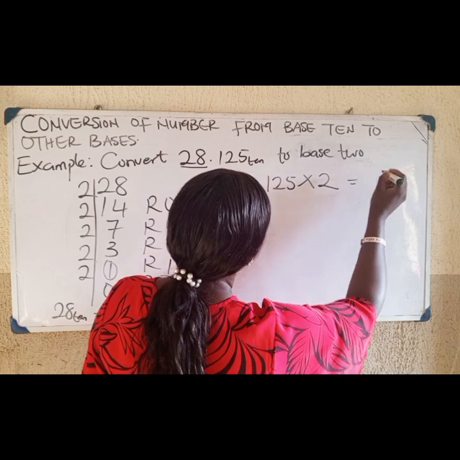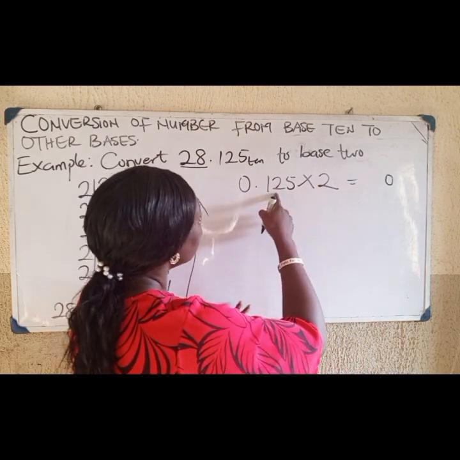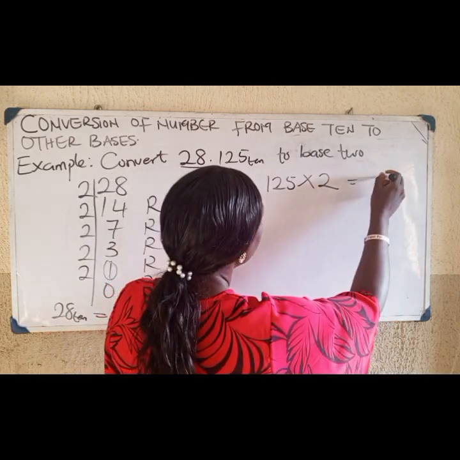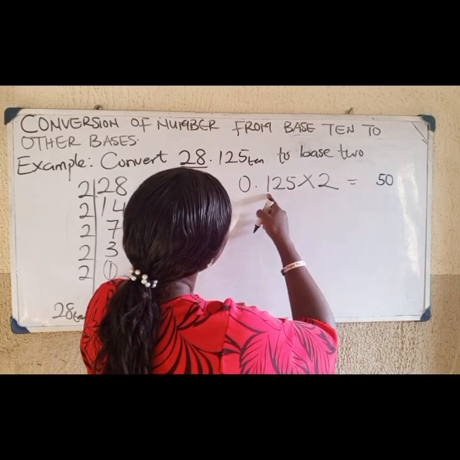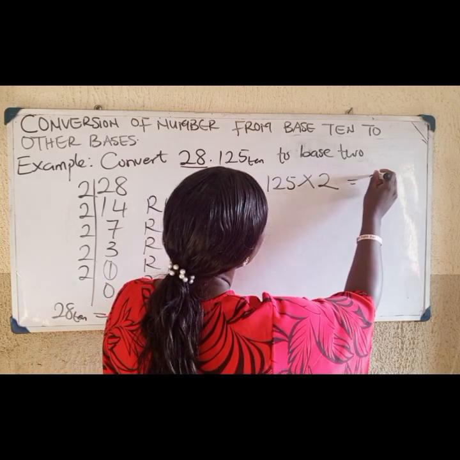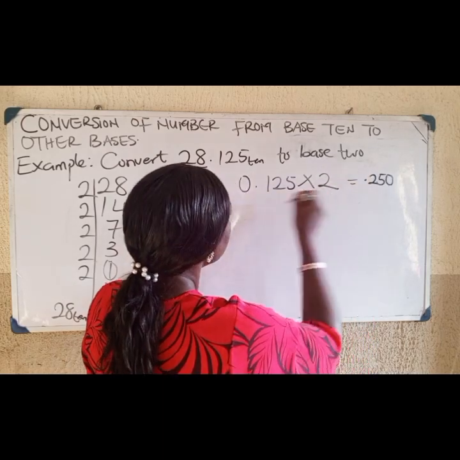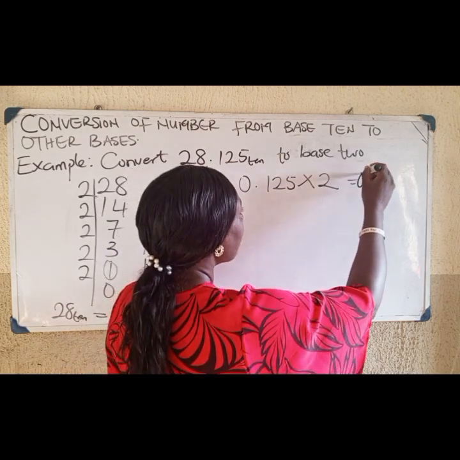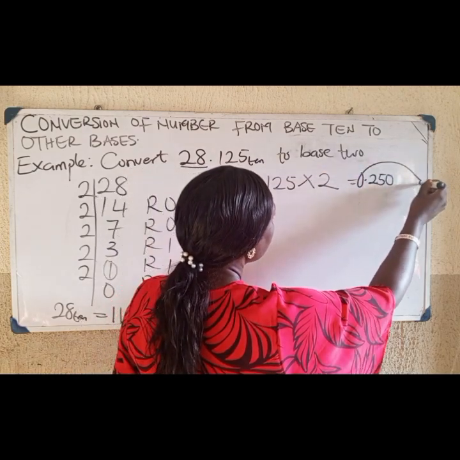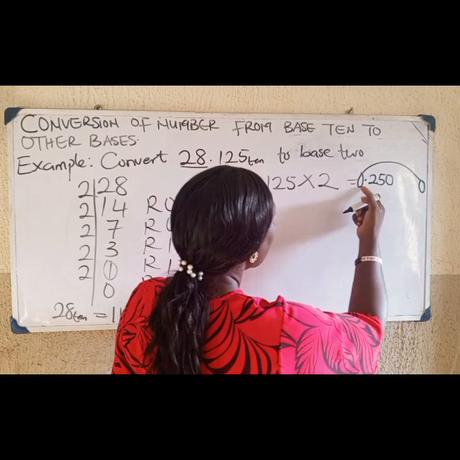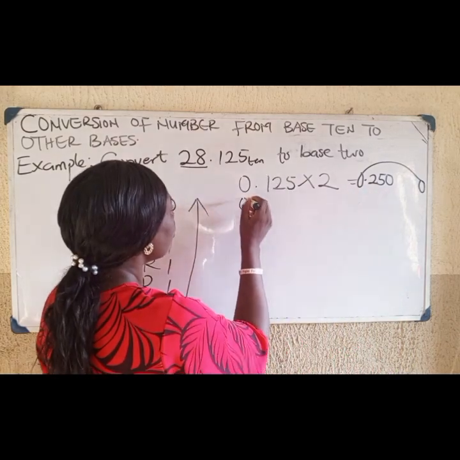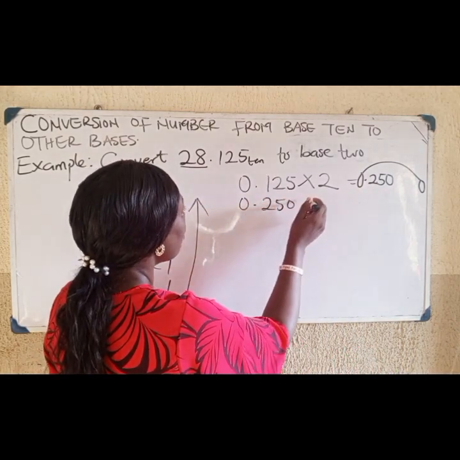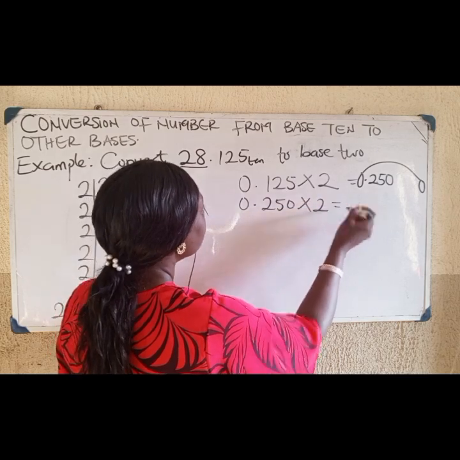I'll write 0, carry 1. 2 times 2 is 4, plus 1, 5. 2 times 1 is 2. Point. 2 times 0 is 0. So in this place, I'll bring out the whole number, which is 0, and carry the decimal part, which is 0.250.